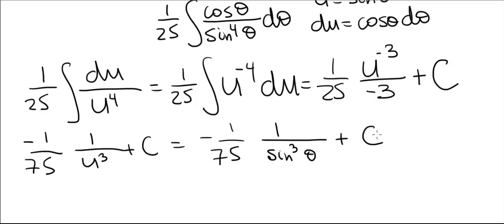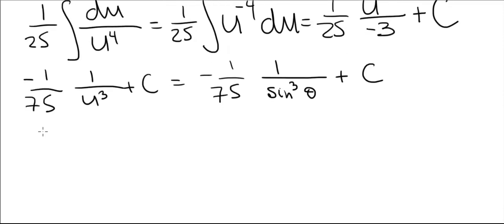Now we can also write this in terms of cosecant, but it's not going to be necessary because we'll have to convert back to x. Recall that our substitution was x equal to 5 tangent theta.